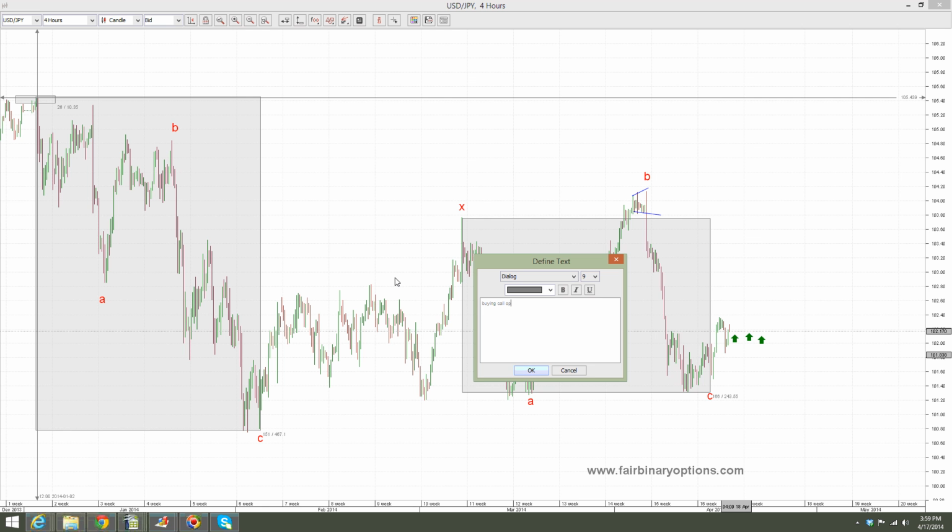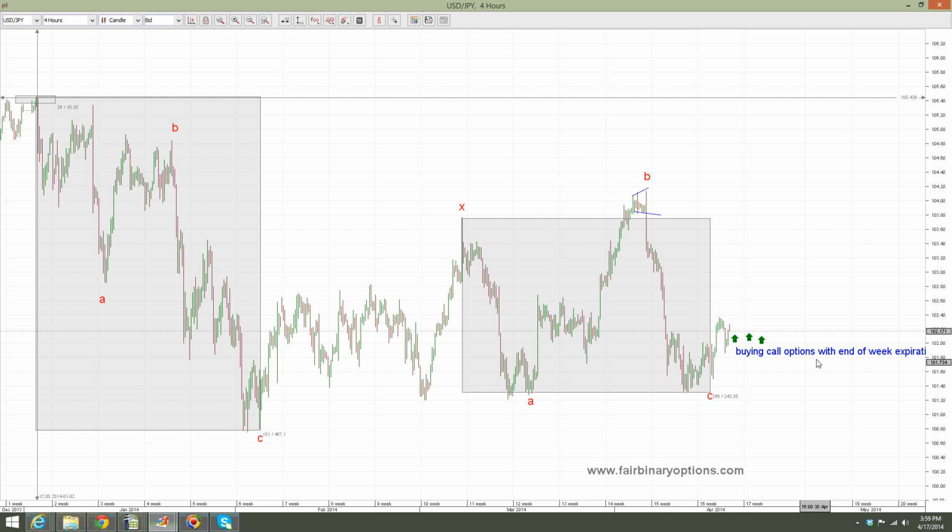So buying call options with end of week expiration date, and this should be enough for these options to expire in the money by the time the US markets are going to close on Friday at 8 GMT. That is what that means, end of week.